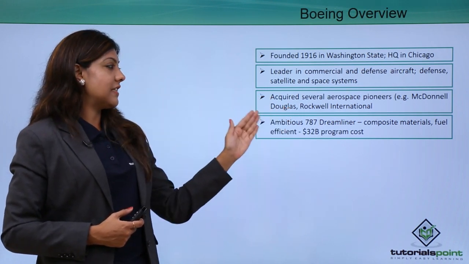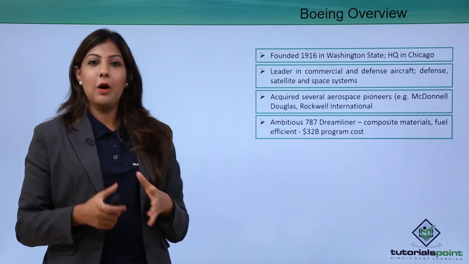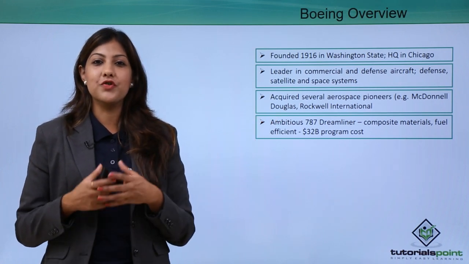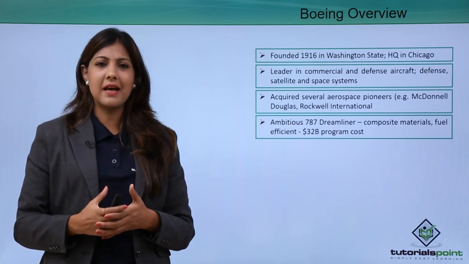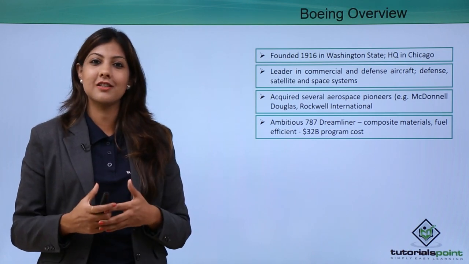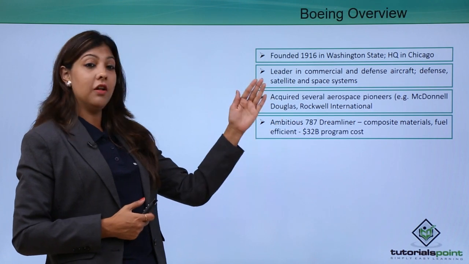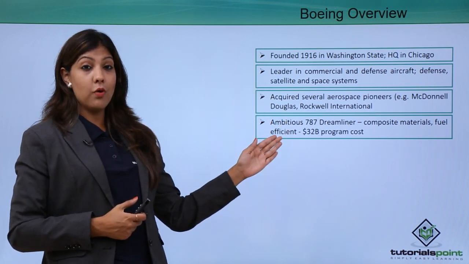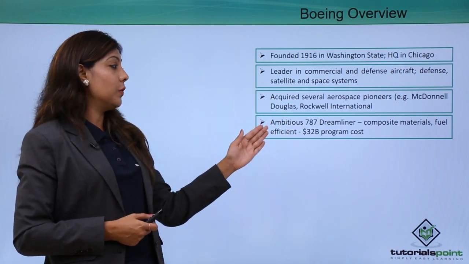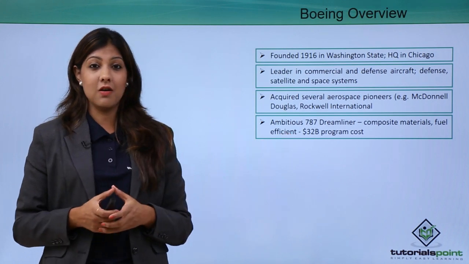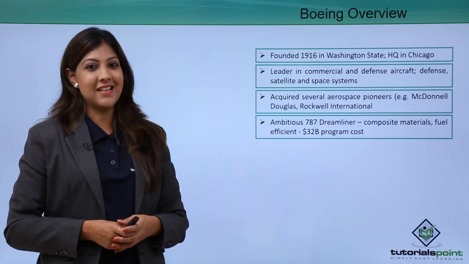It has the ambitious 787 Dreamliner. The Boeing 787 Dreamliner is humongous, and it's so huge that one looks at it and just falls in love with this aircraft. It has composite material, is fuel efficient, and the program cost is $32 million, and that's the cost of the Boeing 787.